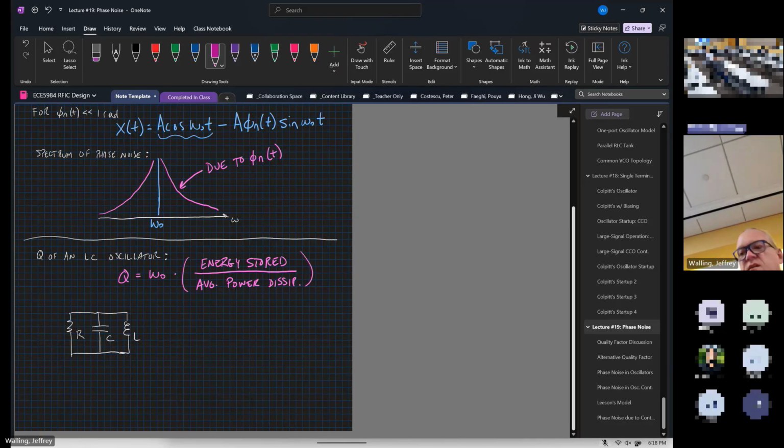So here's our LC tank. Where's the energy stored when the voltage is maximum across the tank? The capacitor, yeah, exactly.